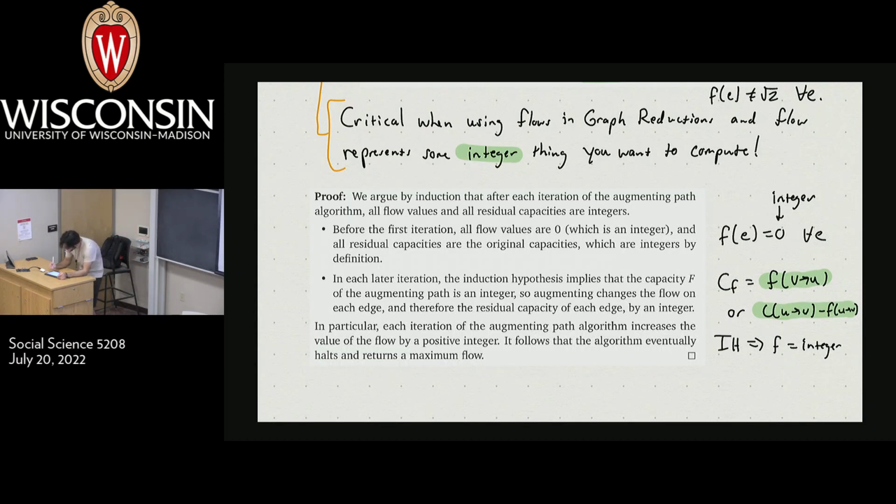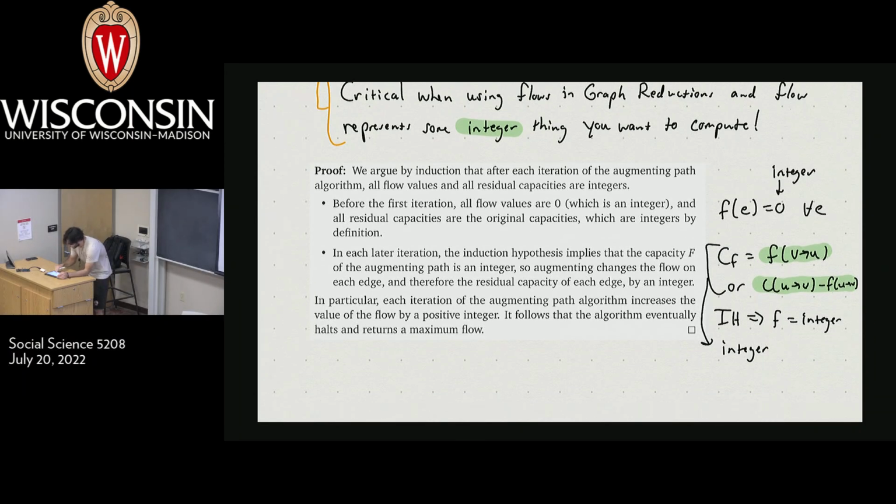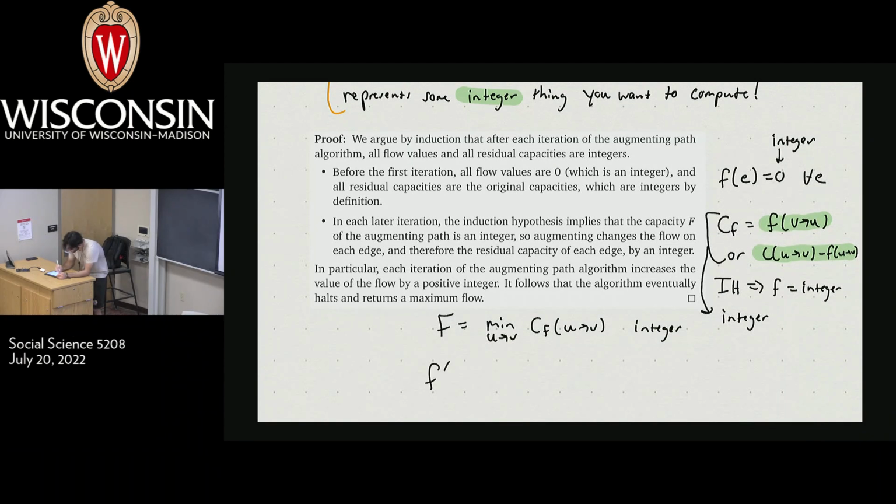So in either case, these are going to be integer. So we know the residual capacity is an integer. And remember, capital F is the minimum bottleneck. So it's some min over edges of c_f of u to v. So that's an integer.